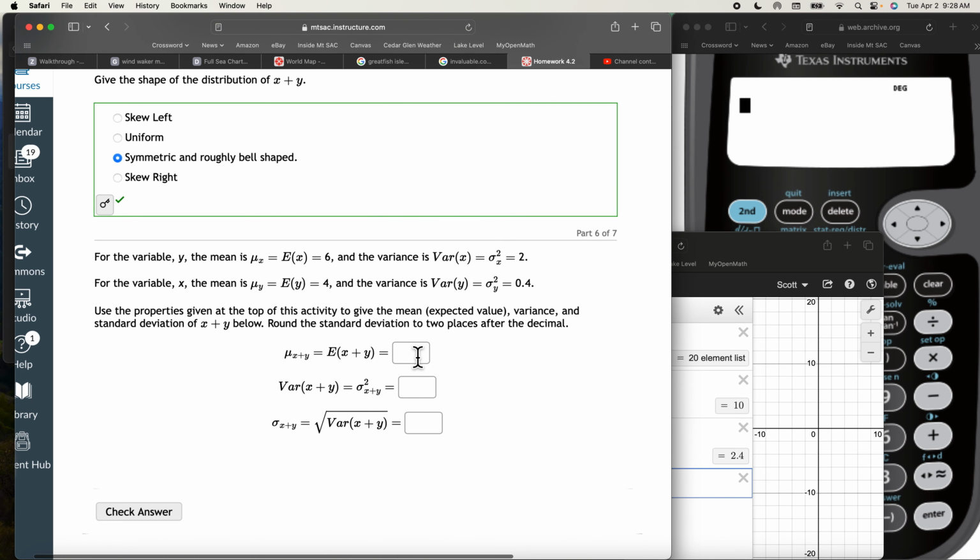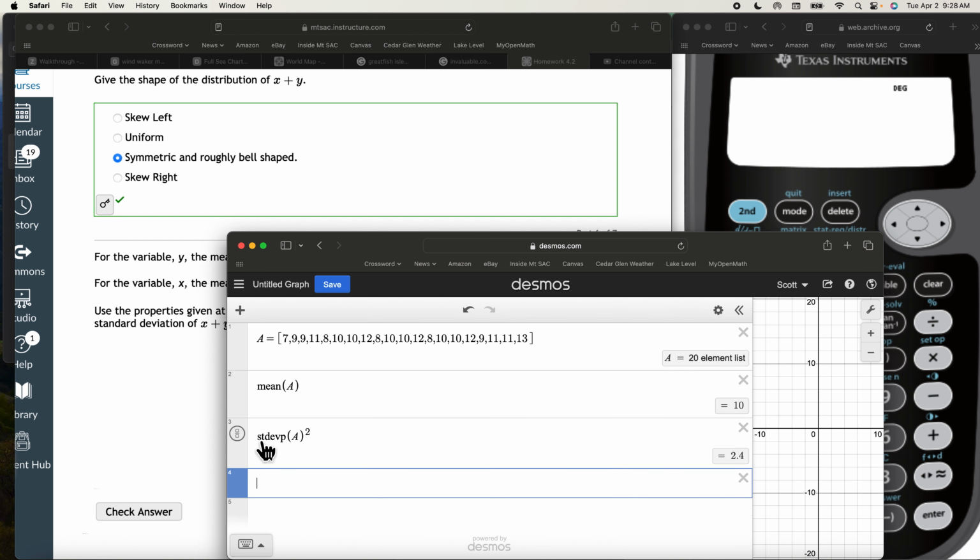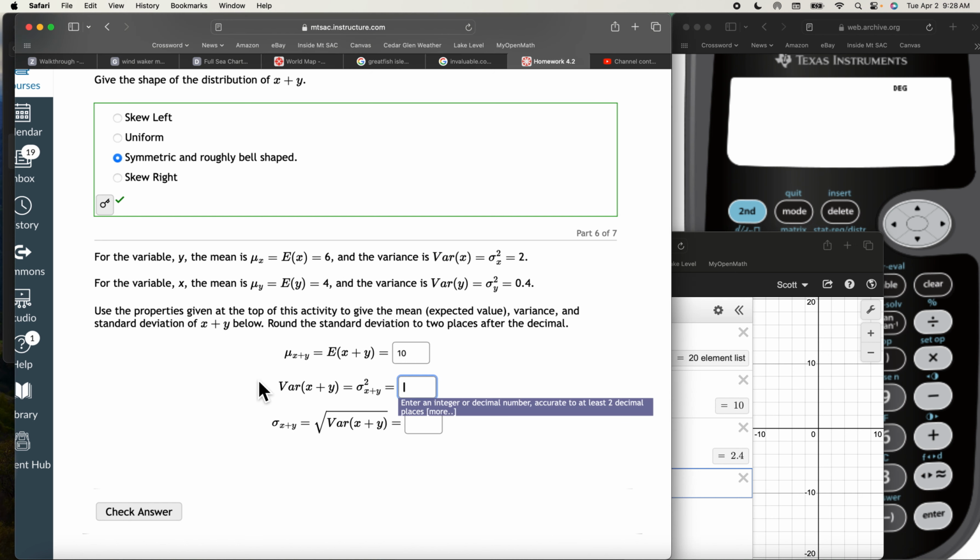The mean of the sum is the sum of the means. The means are 6 and 4, so if you add them, you get 10. The variance of the sum is the sum of the variances. So the individual variances were 2 and 0.4, and in Desmos, remember, the variance is the standard deviation squared, and that was 2.4. So 2 plus 0.4 is 2.4.